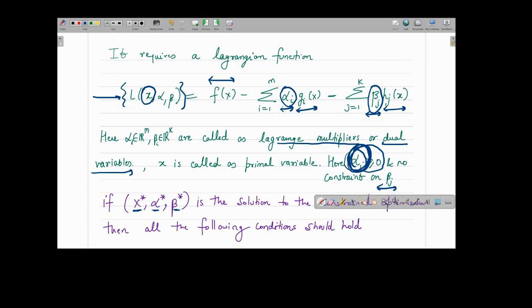I don't want to go into the details, otherwise it will move into the optimization area. What we wanted is whatever minimum we need to make you understand the support vector machine. So you can take it for granted that alpha star has to be greater than 0. If you want to go into the details, you can go for Stephen Boyd's book on convex optimization. There you will get an easy understanding of why this is so.